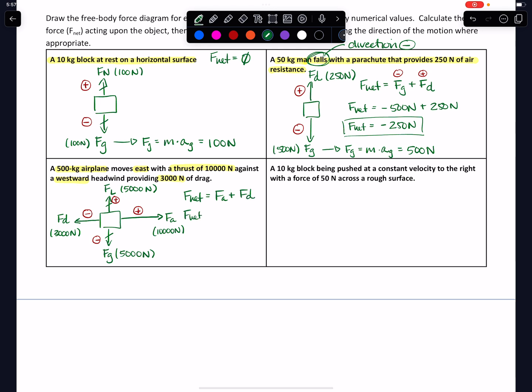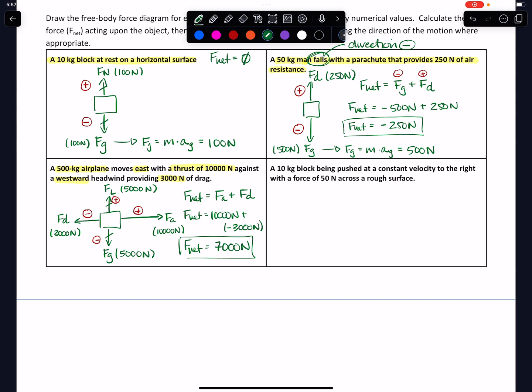We plug in our values: a positive 10,000 newtons plus a negative 3,000 newtons. So the net force that the plane is working with is going to be equal to a positive 7,000 newtons.